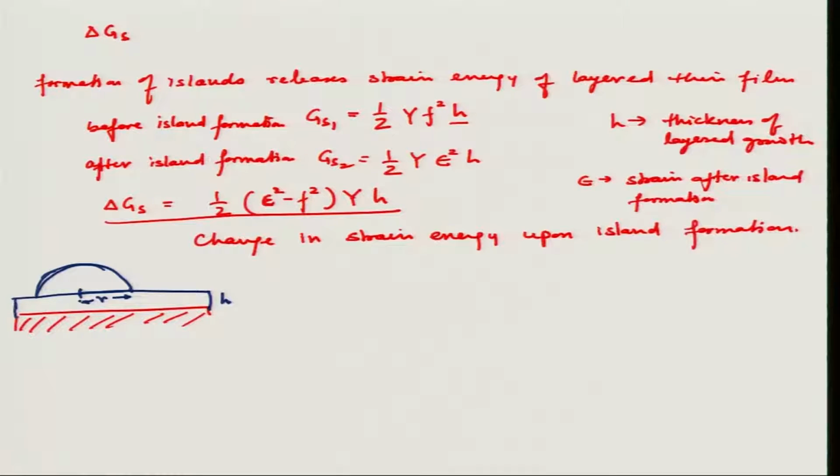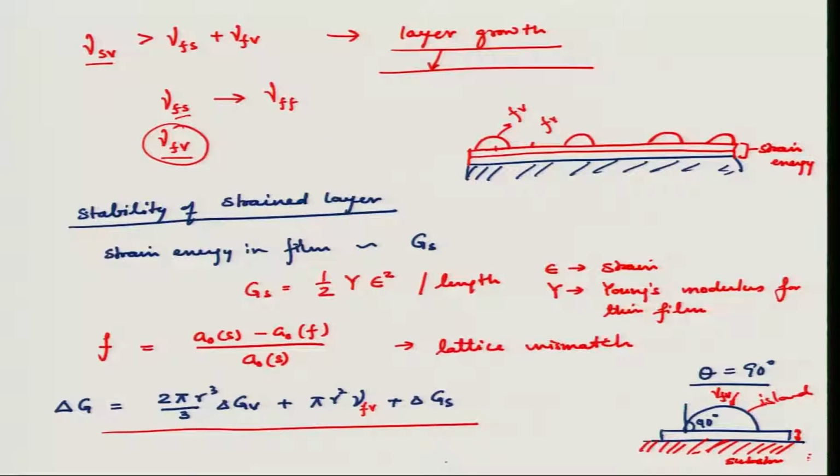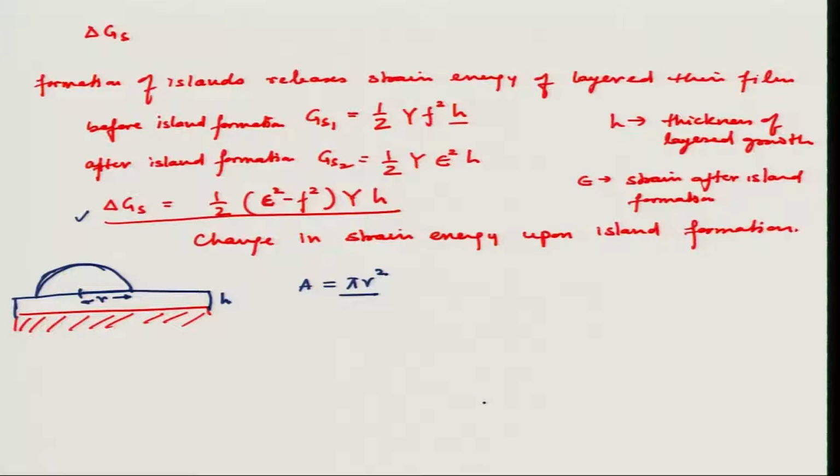So, the area of this island would be pi r squared. Now, if I use this delta Gs in this expression, and again use the same expression for d delta G over dr should be equal to 0 for thermodynamic stability.